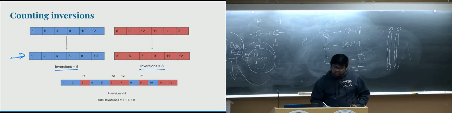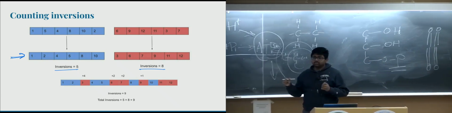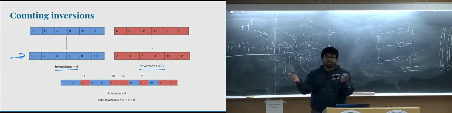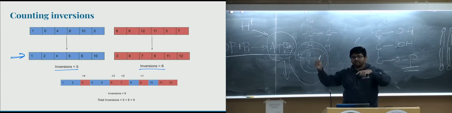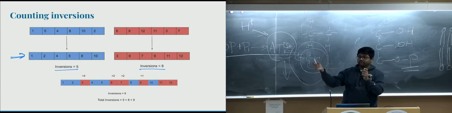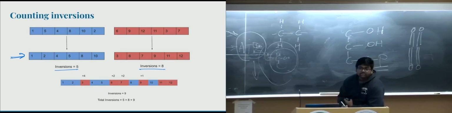Do you remember the merge step in merge sort? You have two sorted arrays and you try to merge them into a bigger array, which is also sorted. You use two pointers and keep moving forward, and every time you find a bigger element, you keep moving things around. Here also we are doing the same thing.